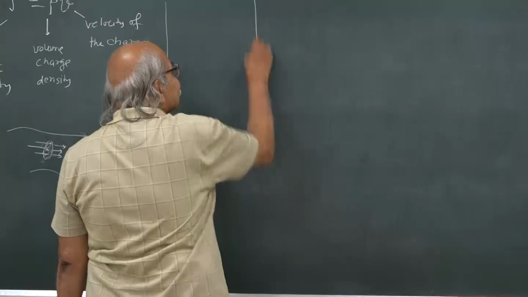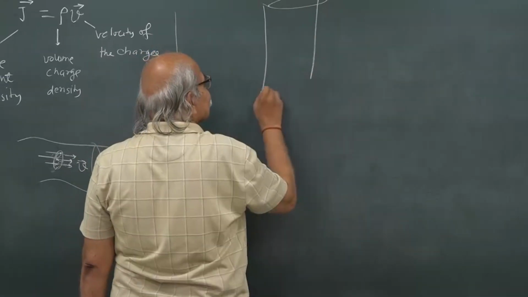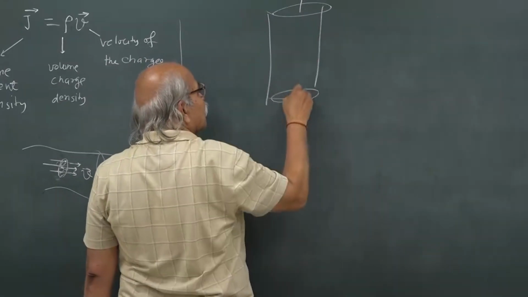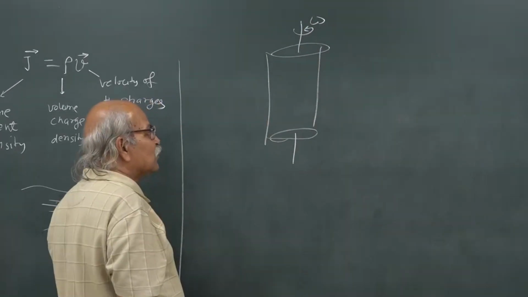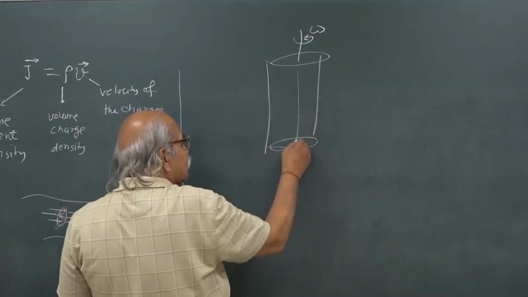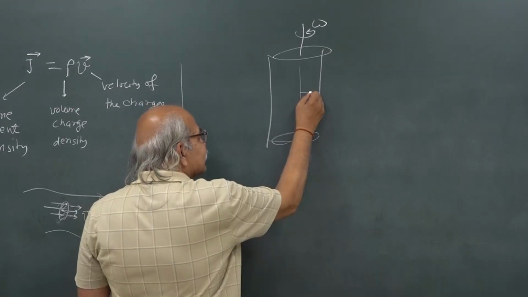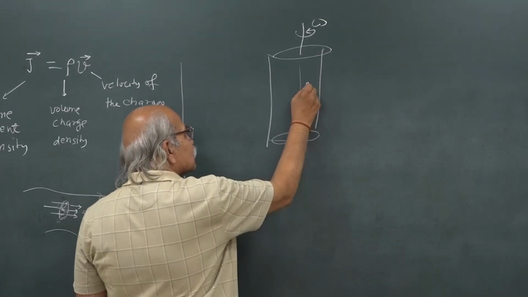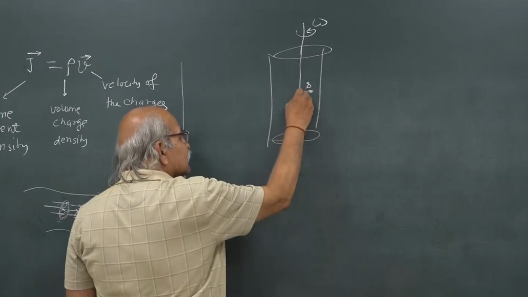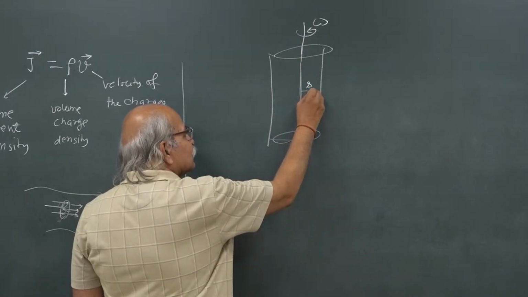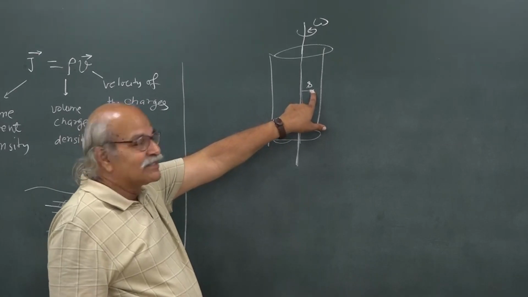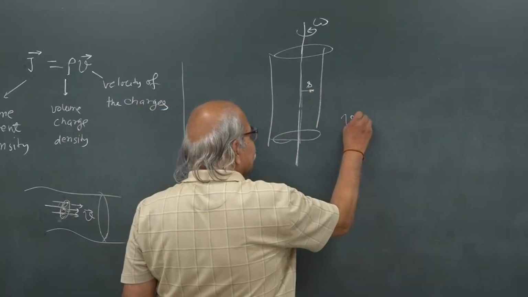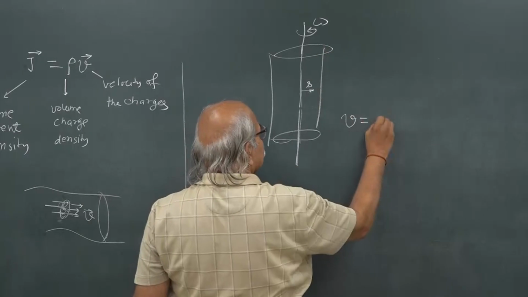if you have this cylinder which is rotating about its axis with an angular velocity omega, and you have a point which is at a perpendicular distance s from this axis, then the speed will be s times omega.